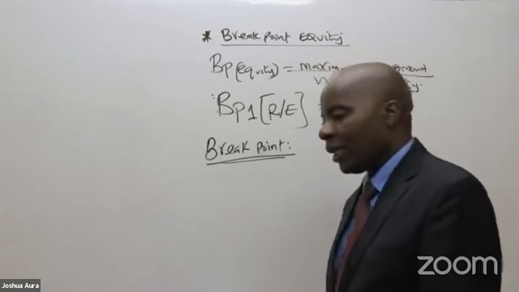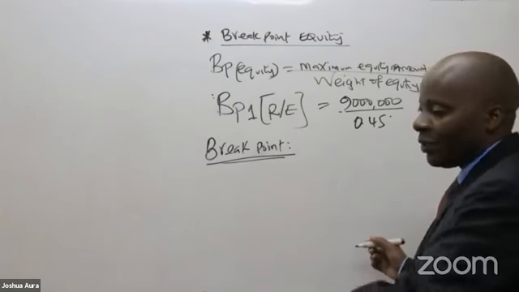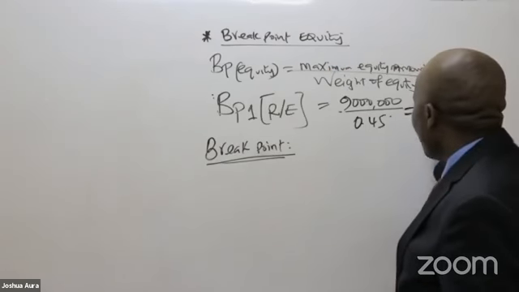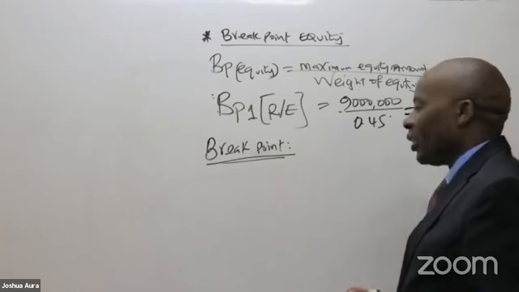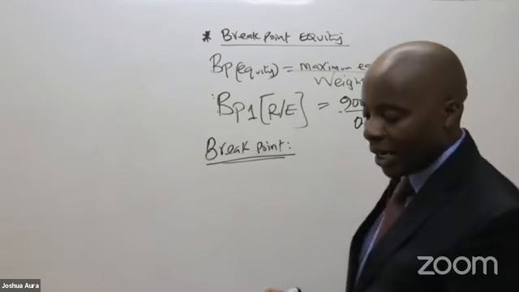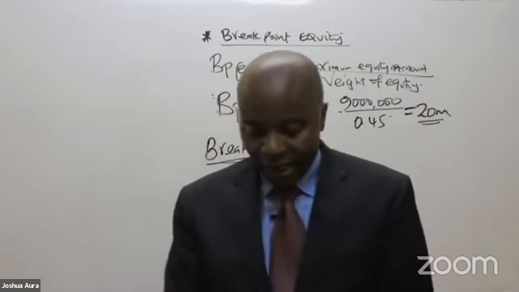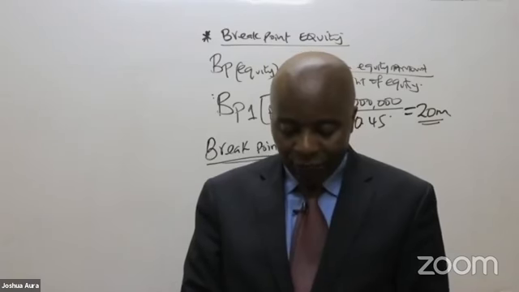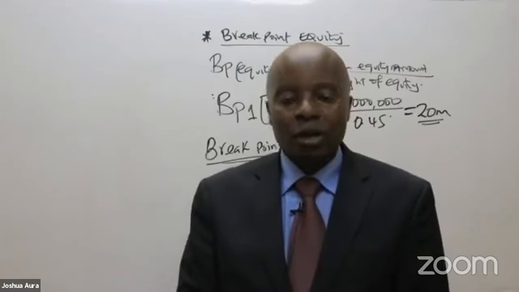Phoebe tells me it is 20 million. Very many students have been able to rise up to the occasion, and they've been able to give me the first break point. Now, ladies and gentlemen, let's go straight away to the second break point under equity.